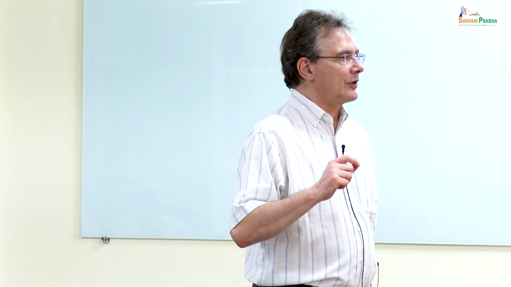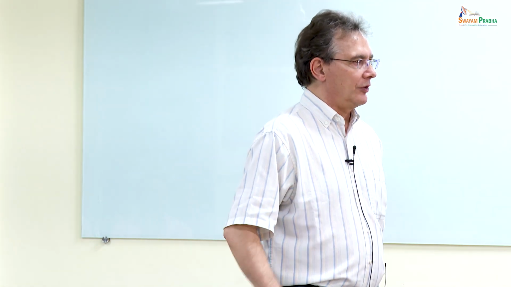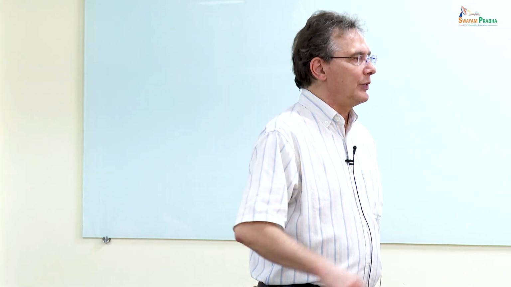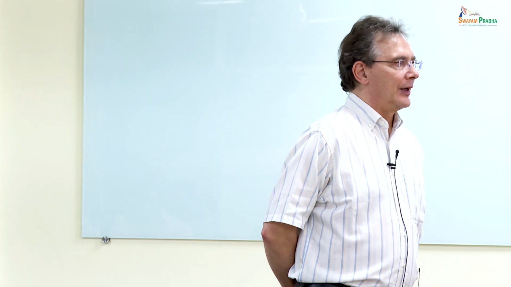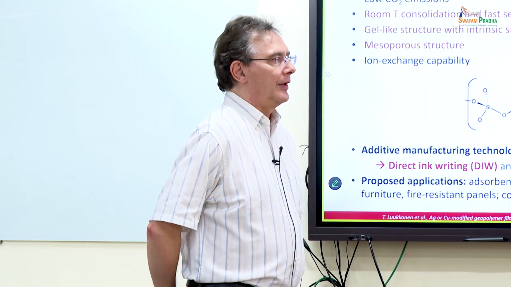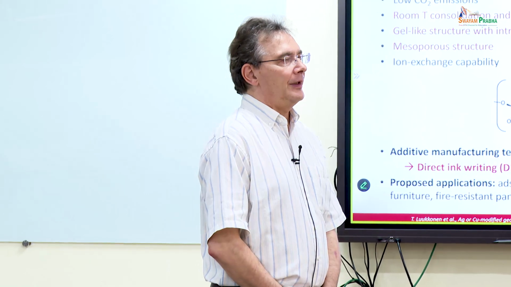The first one is that we want to make complex shapes, and direct writing has some limitations in terms of the type of shapes that you can generate. And the second point is that we want to embed micro-mesopores in the system. Because I thought of adding some fillers, like camphene or something, that will burn off at high temperature, so we can get some porous structures.